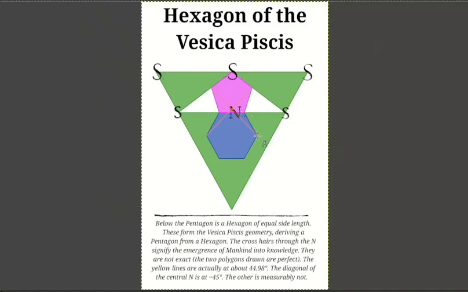Now, this method of deriving a pentagon from a hexagon is imperfect. These lines are not at 45 degrees, they're at 44.98. The hexagon and the pentagon are perfect, and hence if I'd drawn these 2 lines at exactly 45 degrees, I'd have had a wobbly pentagon.